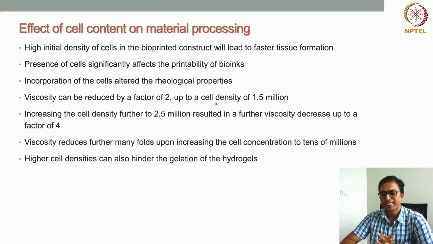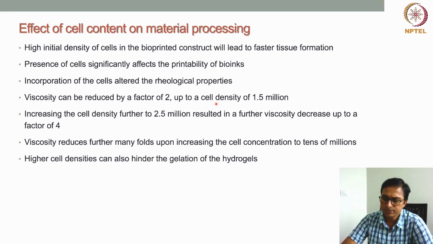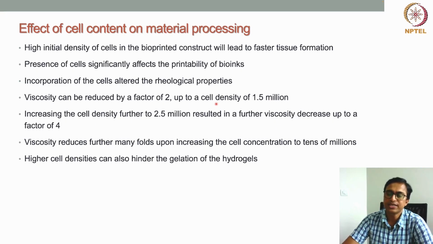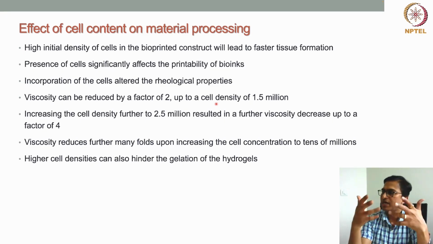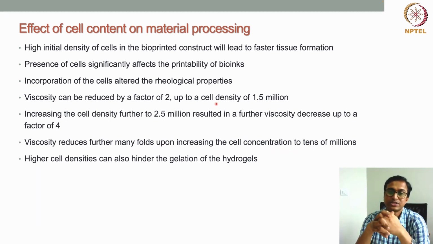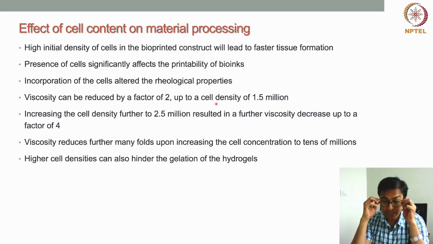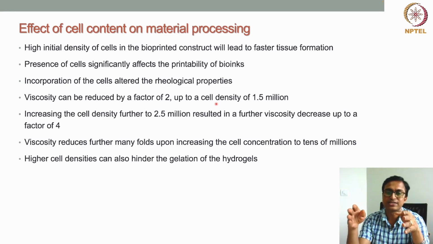Now there are various other things to be considered when discussing printability, because in bioprinting cells are also a major component of your bioink. In the bioink there are materials and we also load cells. Typically the cell number can range from millions to billions of cells in the bioink.